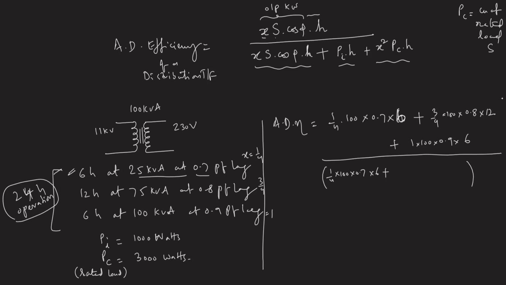Iron losses are constant, that is 1 kilowatt multiplied by 6 hours, plus copper losses PC at full load.